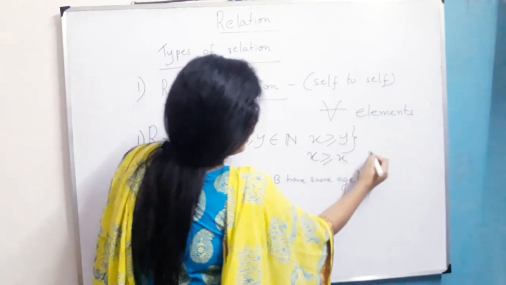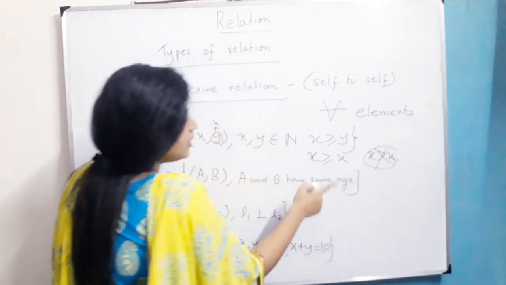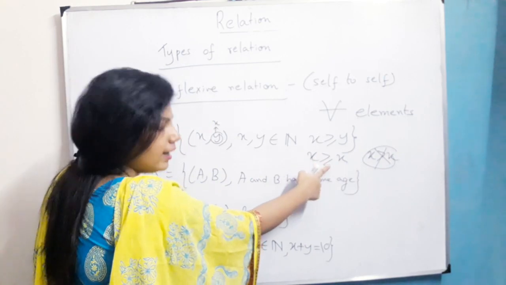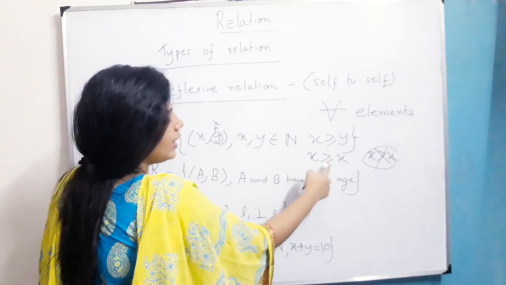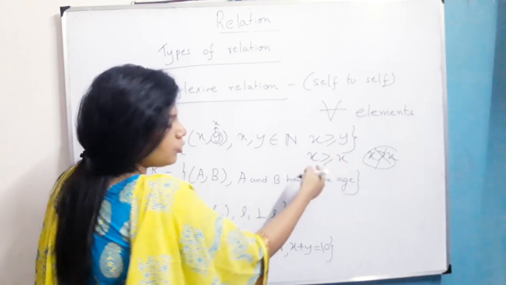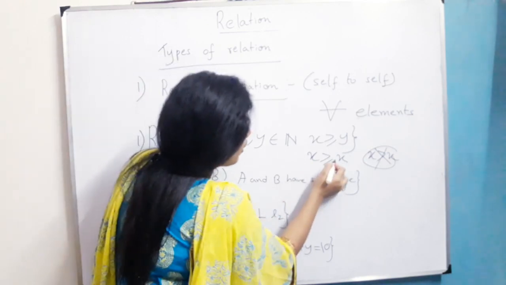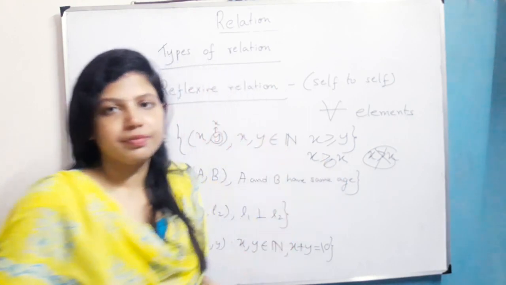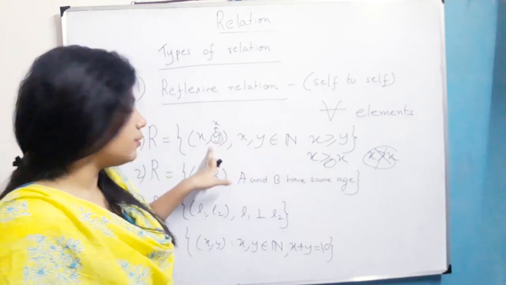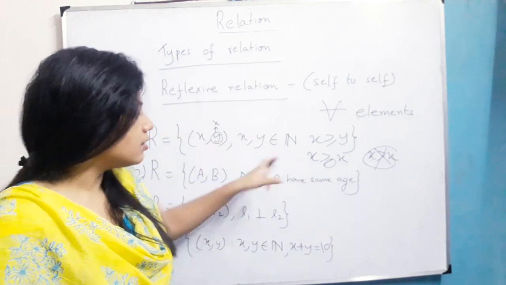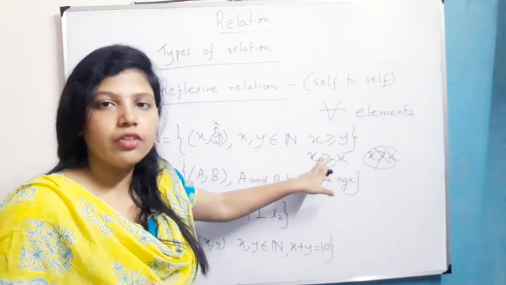If it is given X greater than X, then it is false. But since greater than or equal to is there, that means X is greater than X or X is equal to X. We know that this one is true because X equals X. So reflexivity holds, since the equals sign is there, not because of the greater than.